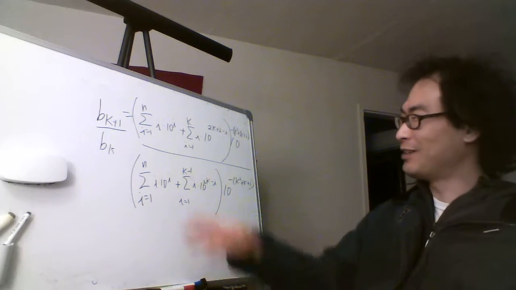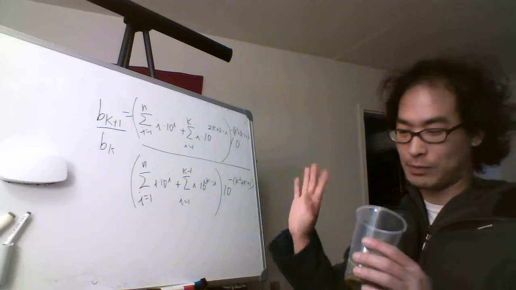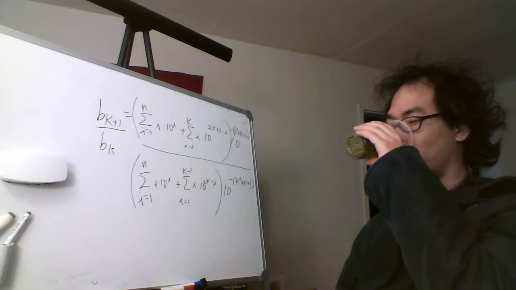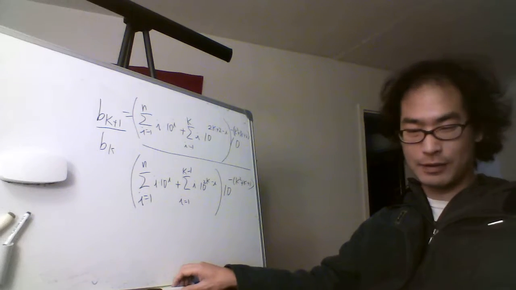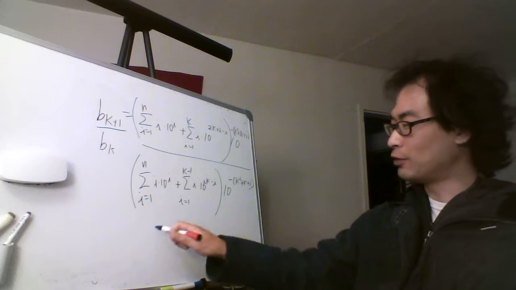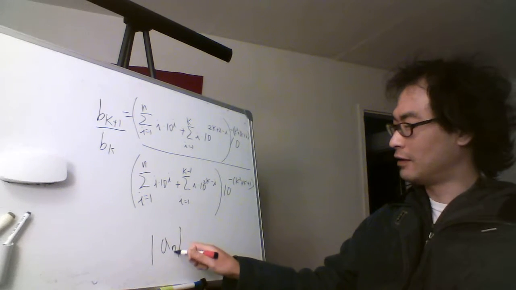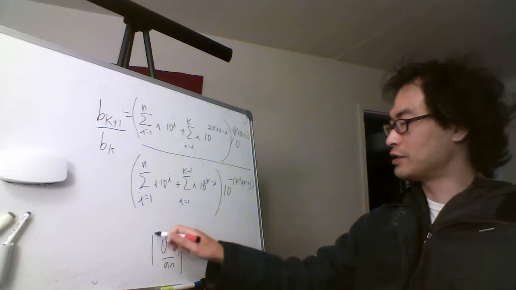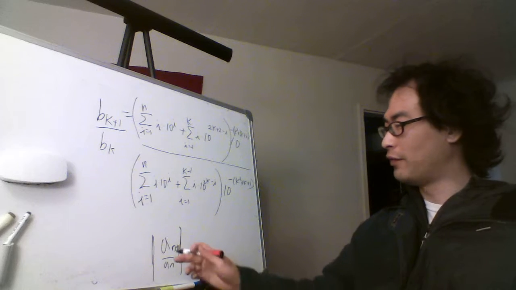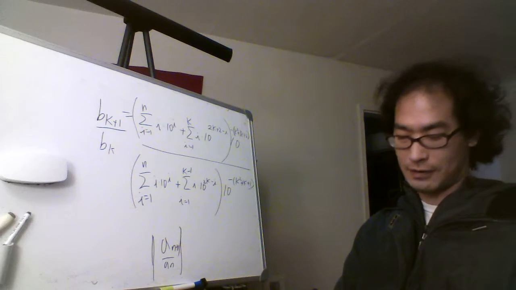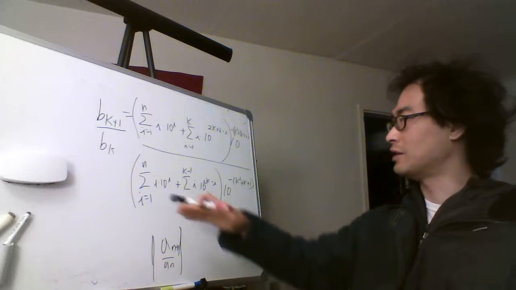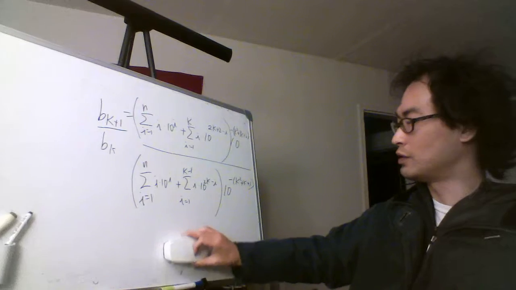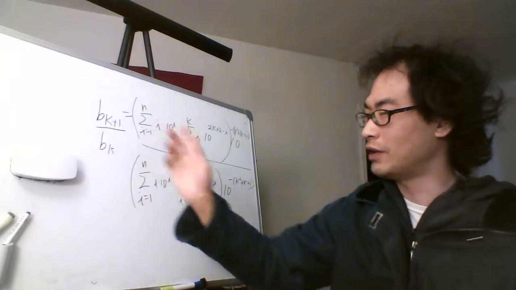This is a positive number, so no absolute value operator necessary, because that's the ratio test: absolute value of a_{n+1} over a_n. We don't need this absolute value function because they're all positive, so we are not doing any negative oscillation, fancy shit. We are not doing that.